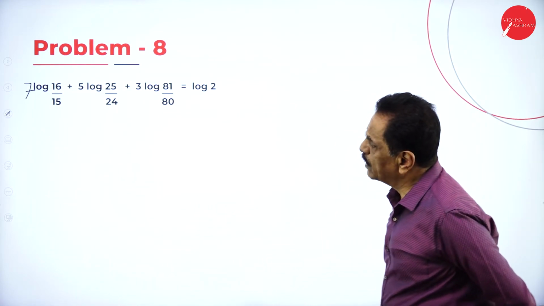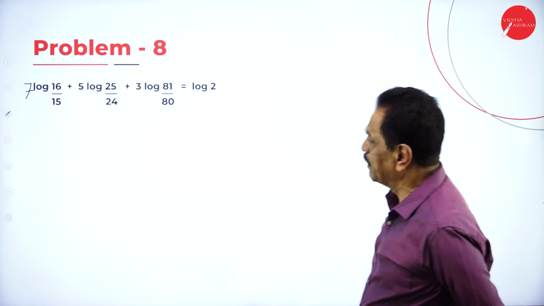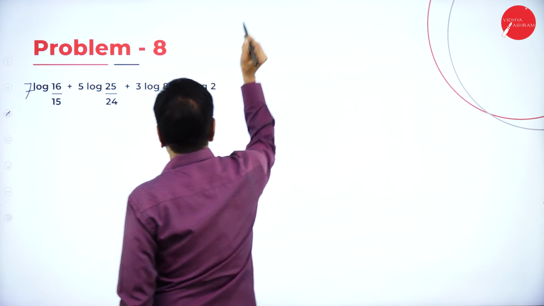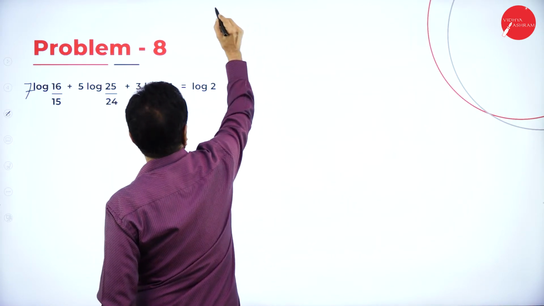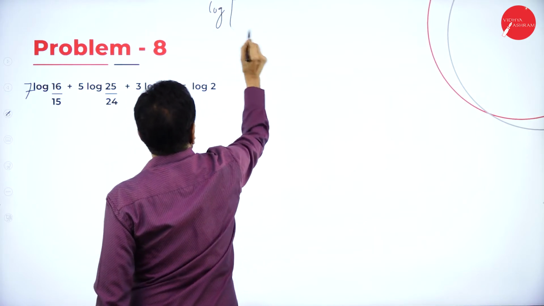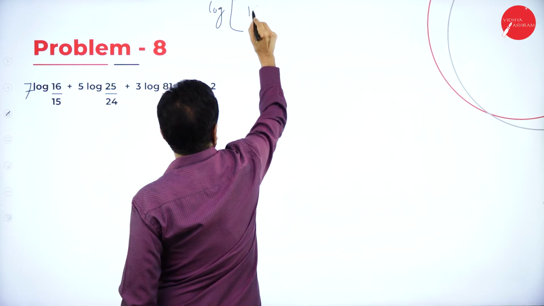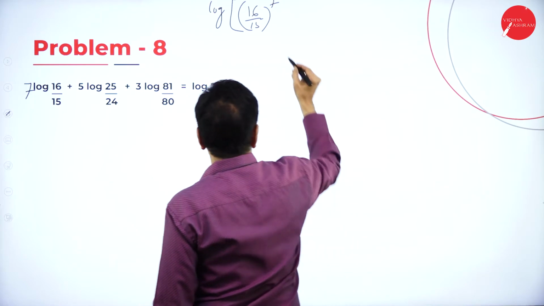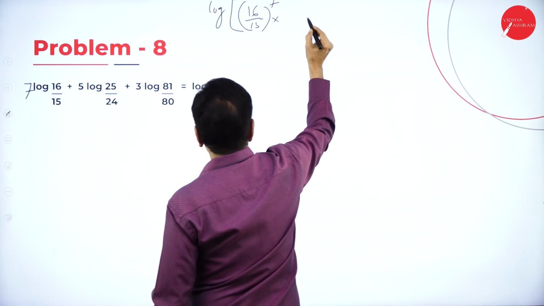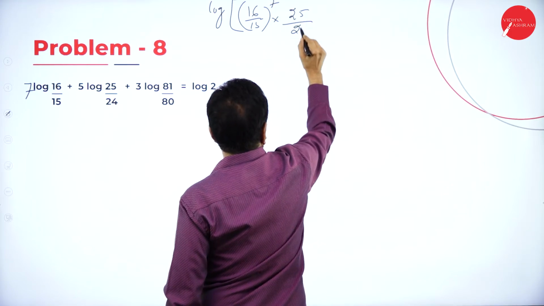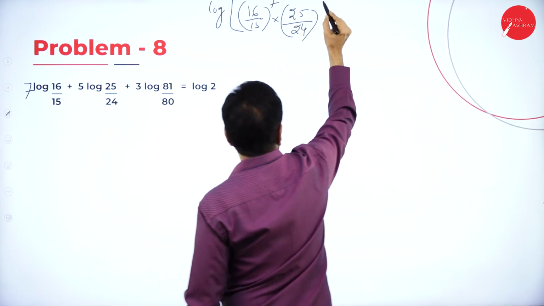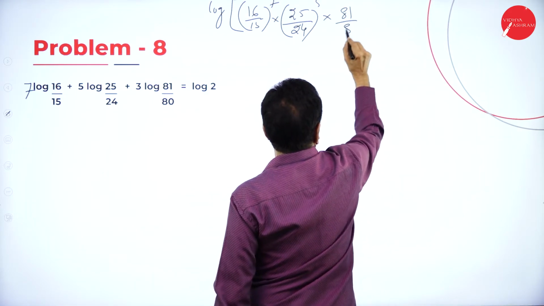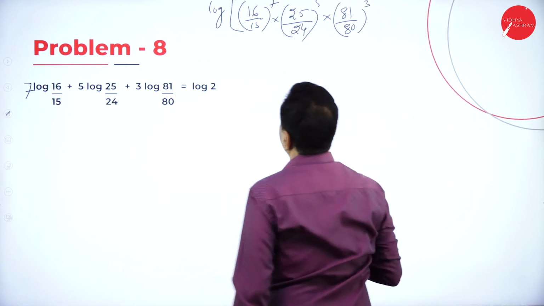7 log 16 by 15, 5 log 25 by 24, 3 log 81 by 80. So this can be written as log 16 by 15 to the power of 7, into 25 divided by 24 to the power of 5, into 81 divided by 80 to the power of 3.